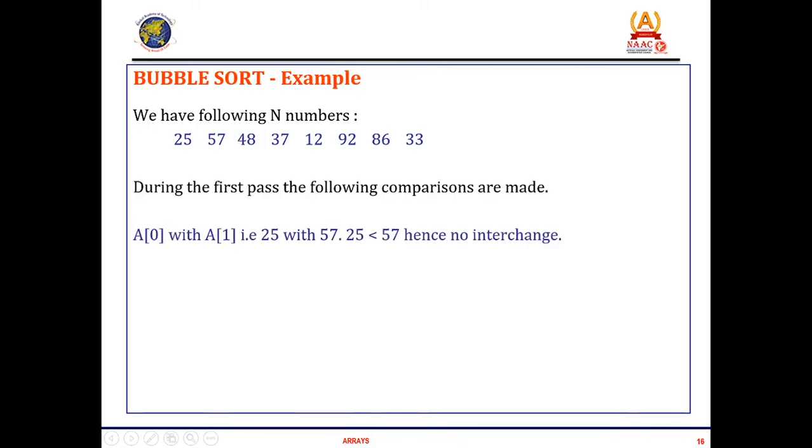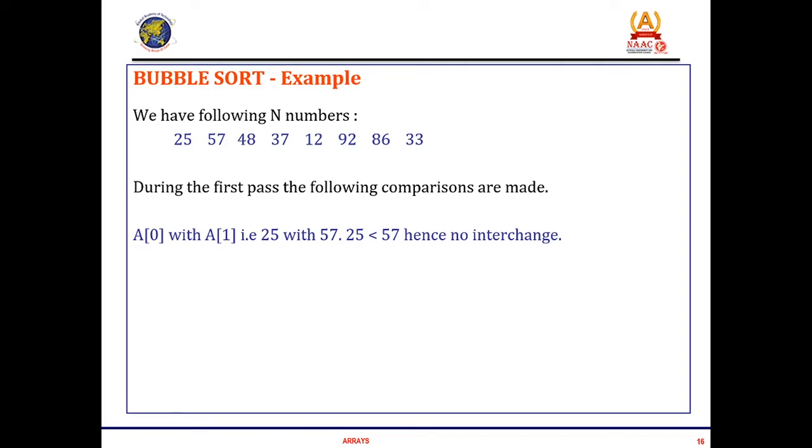Now, during the first pass the following comparisons are made. What do you mean by first pass? One of the common questions asked is, at the end of each pass, what happens in different sorting algorithms. For example, I can pose an interview question like this: at the end of the first pass, what happens in the bubble sort algorithm? Similarly, at the end of the first pass, what happens in the quick sort algorithm?